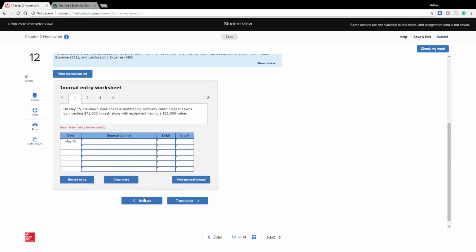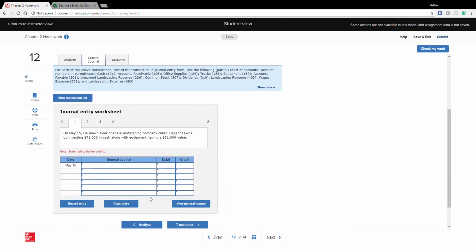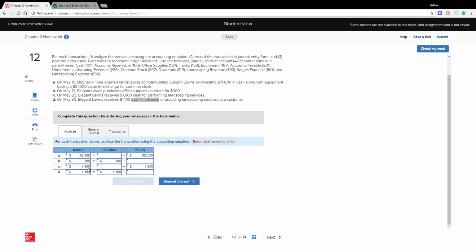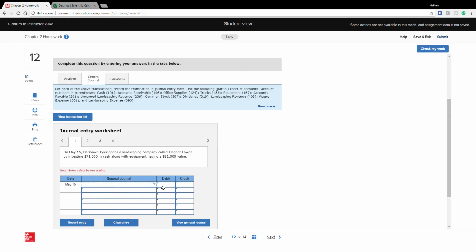Okay. Again, the cool thing with Connect, it shows the actual transaction right here, so you don't have to keep going up and down. So, on May 15th, Deshaun Tyler again opens his landscape business. We already know from analyzing how much we should have. But remember, we have two accounts that are assets.